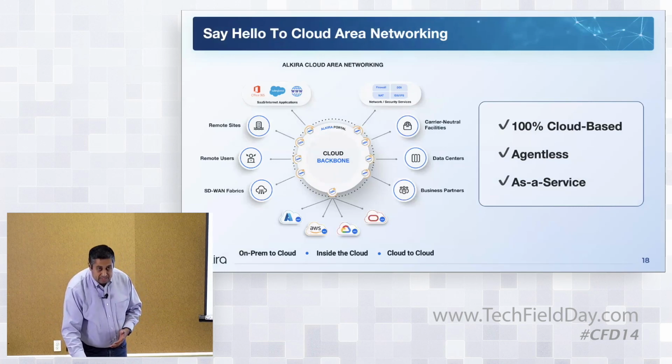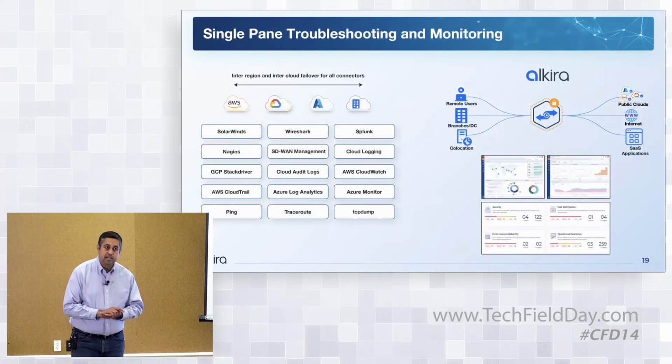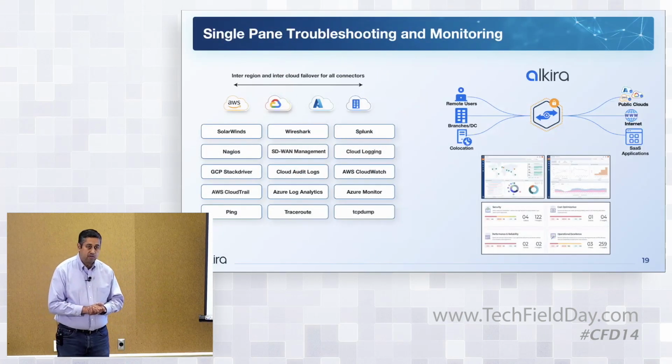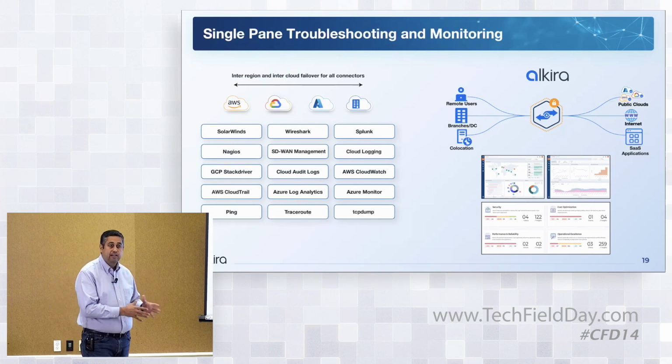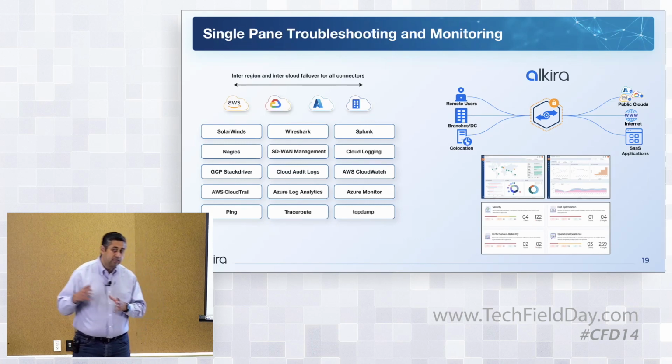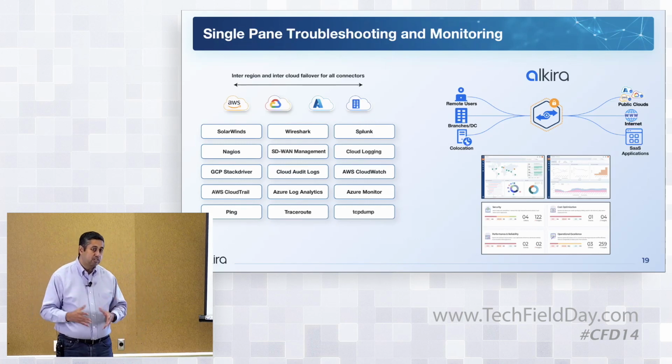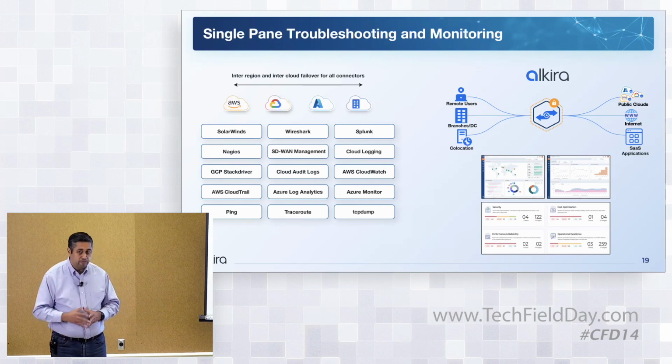Now, when customers deploy these networks in a single cloud and multi-cloud, they have a lot of tools that they use today. They have a set of tools that they leverage for on-prem, a set of tools they need for AWS, a set of tools they need for Azure, a set of tools they need for Google, and so on.